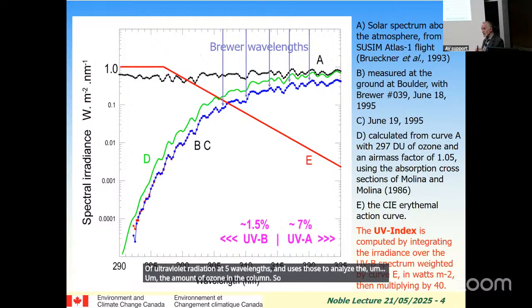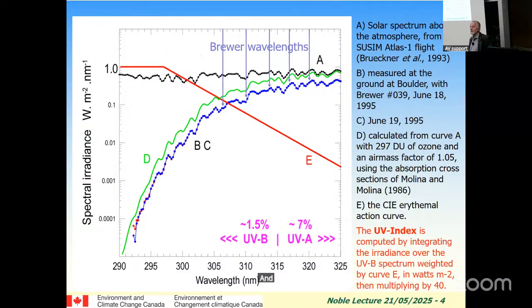So it's using more than just a pair of wavelengths. And that required a primitive computer at the time that the Brewer was designed. It now uses a PC, of course. And just to reiterate what I said yesterday, this is the solar spectrum measured above the atmosphere.